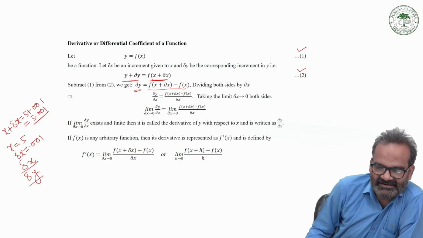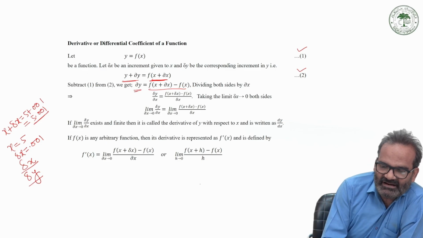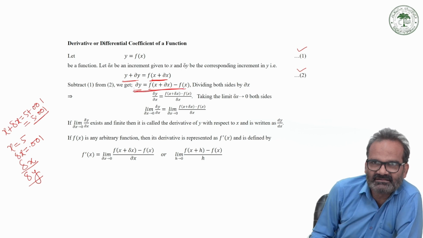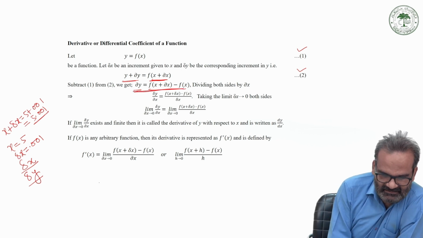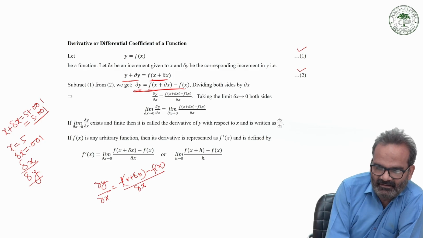After getting this equation, what we are going to do is divide both sides of this equation by delta x. So see what we will get. We get delta y over delta x, and this is equals to f(x plus delta x) minus f(x) divided by delta x, right? This is about this equation.